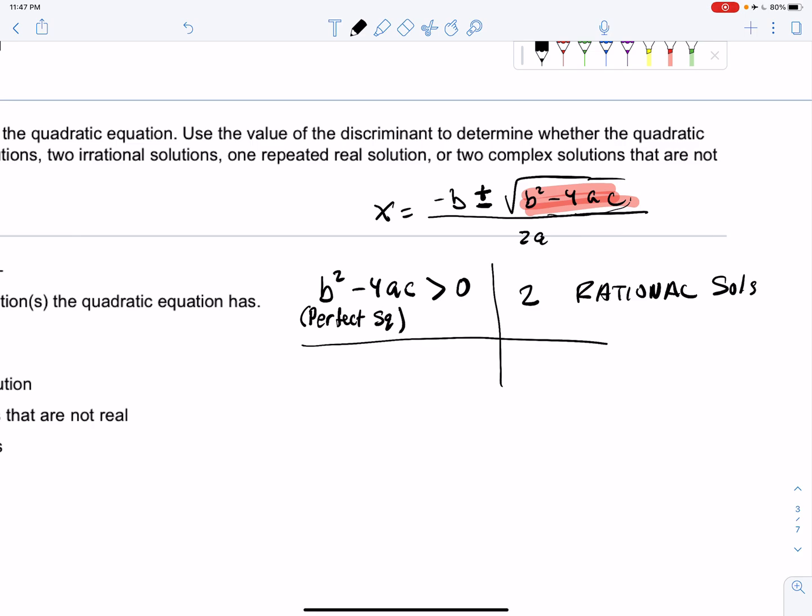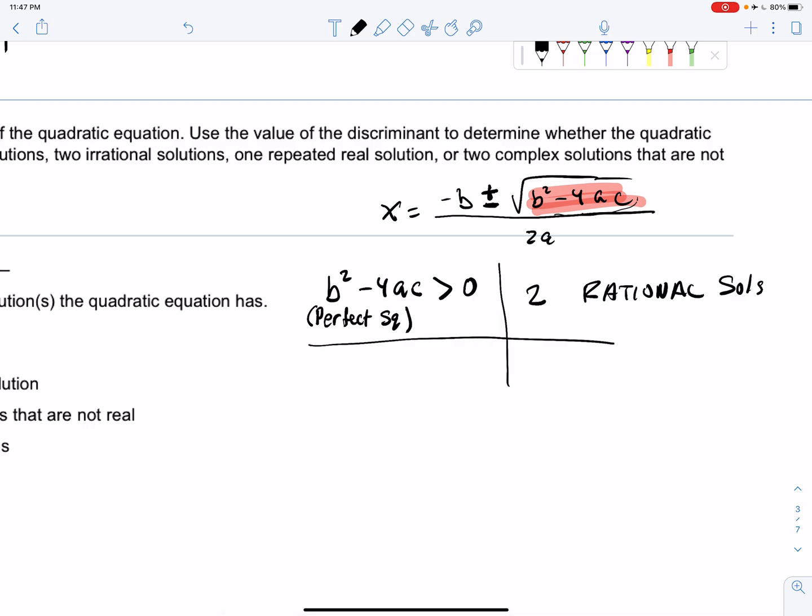Okay, just to give you an idea, if this red thing was bigger than 0 and a perfect square like 16, that's going to simplify to 4, and then you're going to be able to add it all together using the plus or minus to get 2 answers that are rational solutions. What else could happen? Well, the b squared minus 4ac can still be bigger than 0, so it's positive, right?